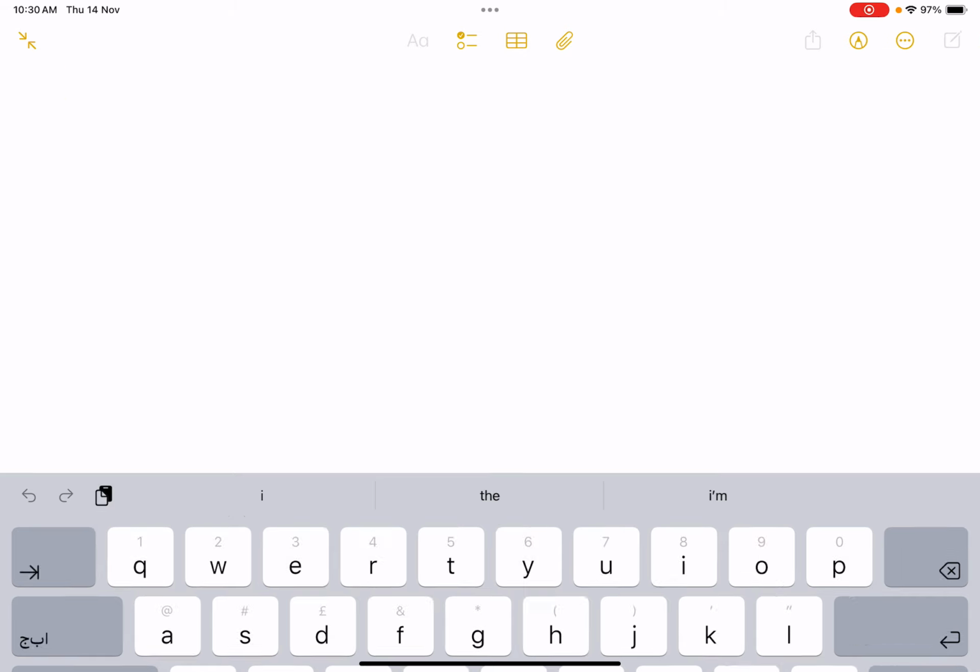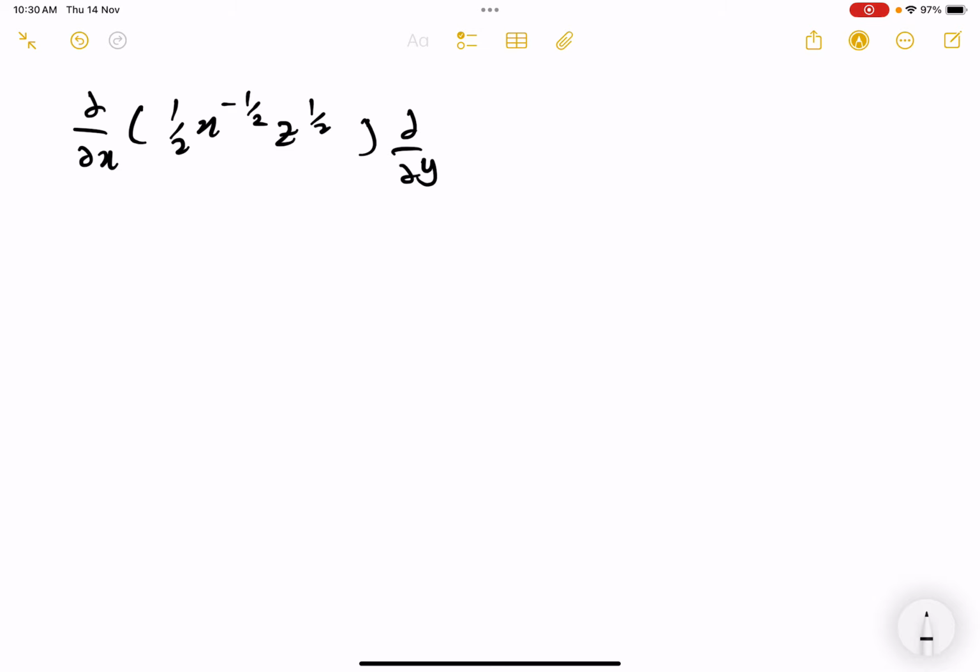Okay, right, so what do we have here? The x component, the partial. I'll just rewrite it again. Half of the half x power of negative half, sec half plus 0, and then one.